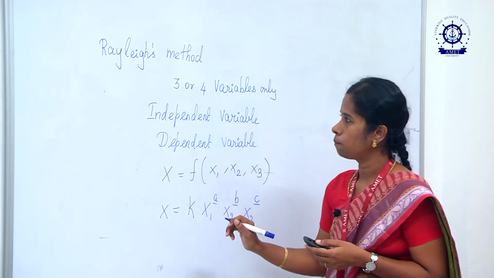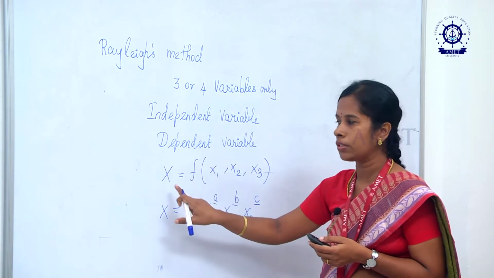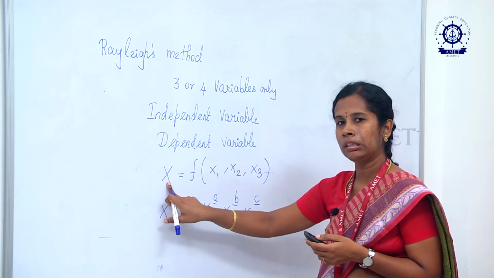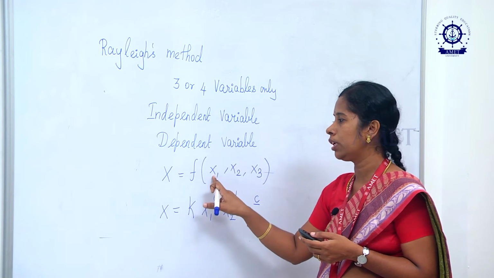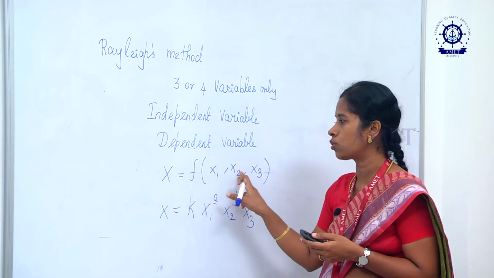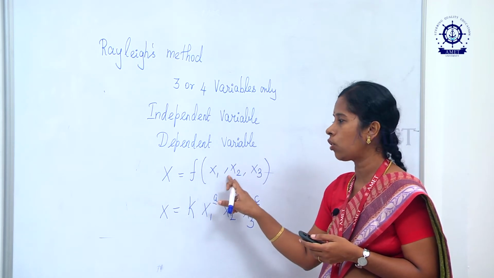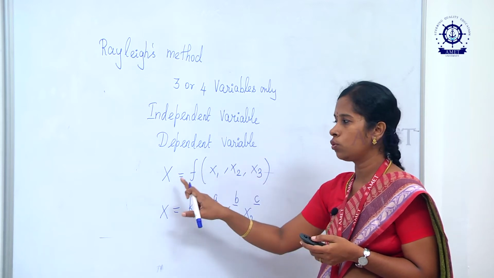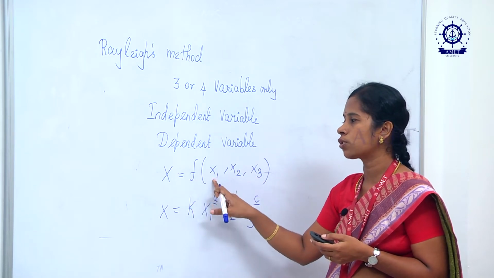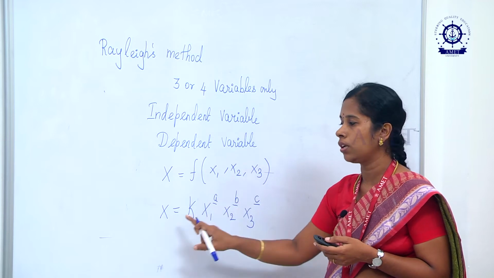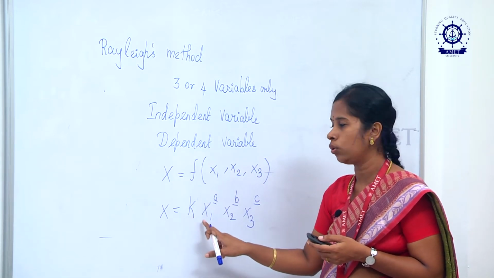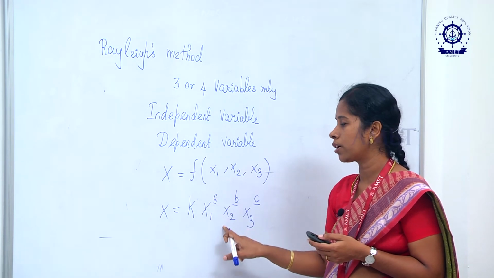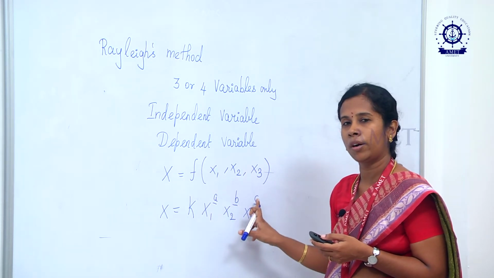So, in Rayleigh's method, what do we say? x is a dependent variable, depending on 3 variables x1, x2, x3. These are called the independent variables. You say x is a function of x1, x2, x3, or you can say x is equal to k into x1 power a, x2 power b, x3 power c.